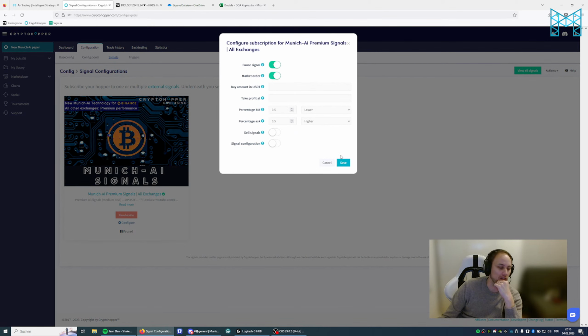How your scalper works? You mean the free strategy? I also have this one scalper on the AI signals, but I have also a free scalper, which is when you go on the marketplace, going to free strategies. You should find it somewhere here. This is this one.